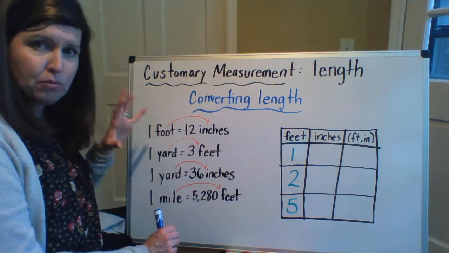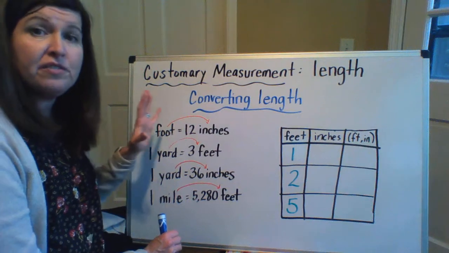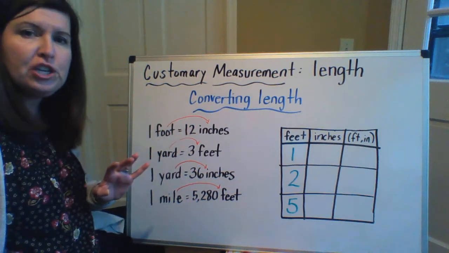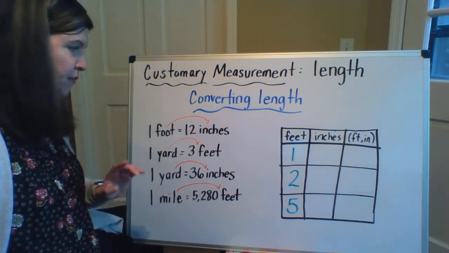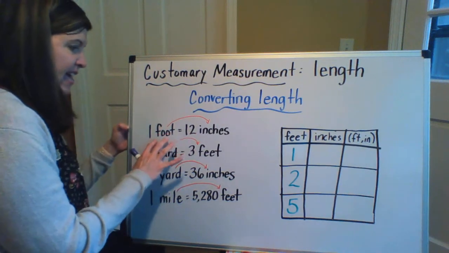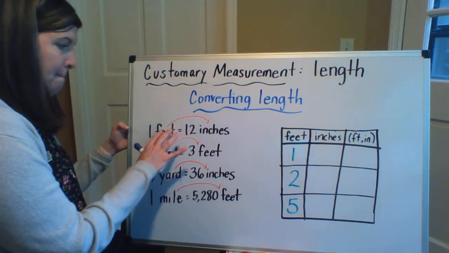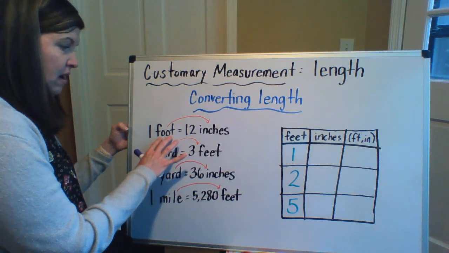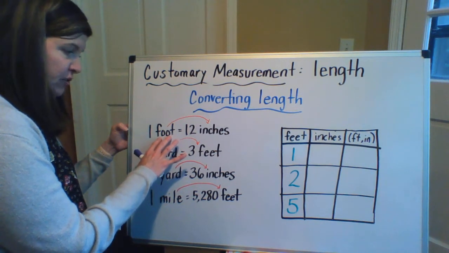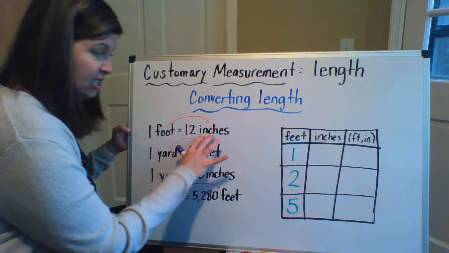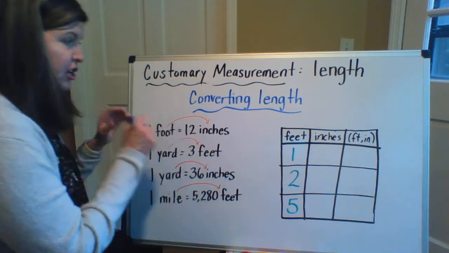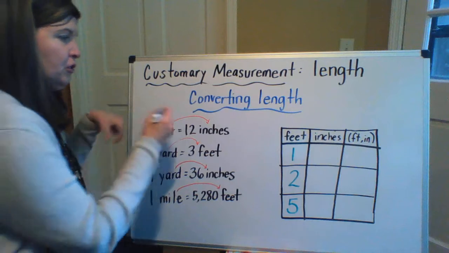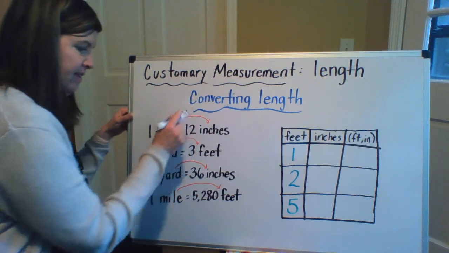Now the big rule when you convert measurement is when you are going from a bigger unit of measurement to a smaller unit of measurement, you are going to multiply.